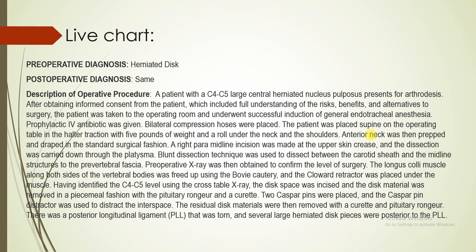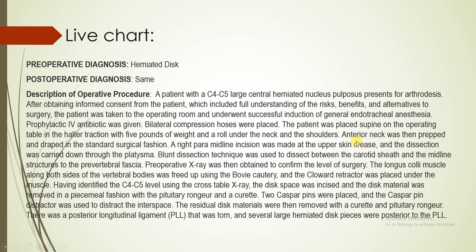So whenever we code these spinal procedures, we have different locations of the spine like cervical, thoracic, lumbar as well as sacrum. So what happens sometimes is that in the heading of the operative report it says lumbar, but in the body of the operative report the physician says neck or cervical. Okay.